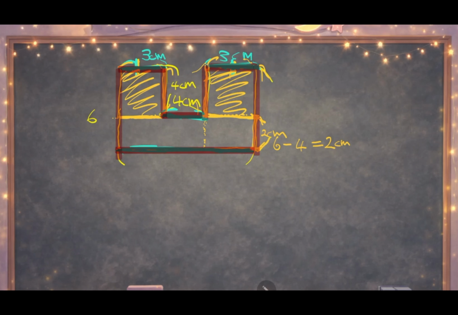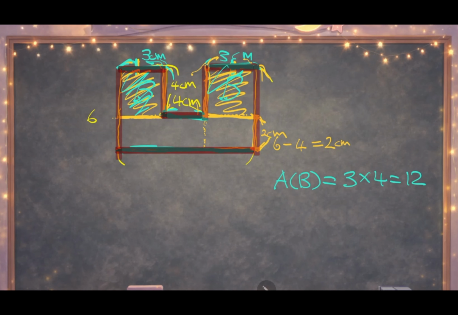I will start by calculating the area of rectangle B. So it's 3 centimeters by 4 centimeters, so I multiply them together, which equals 12.